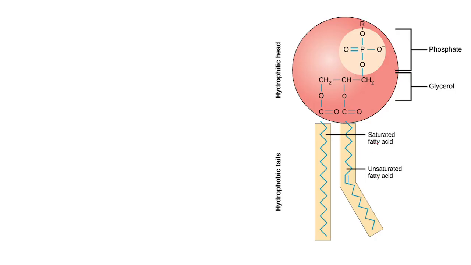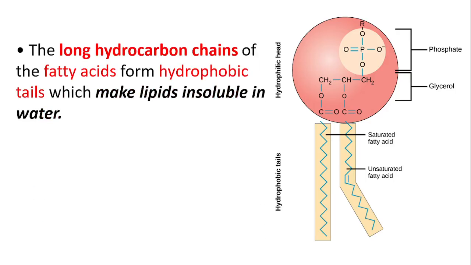No phospholipid has only saturated or only unsaturated fatty acid, because phospholipids play a lot of roles in the cell membrane. So the long hydrocarbon chain of the fatty acid forms the hydrophobic tail, which makes lipid insoluble in water. I think this was explained in part 1 of our lecture class.